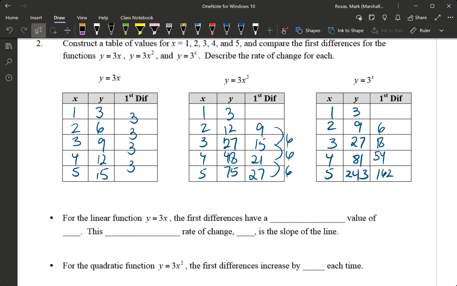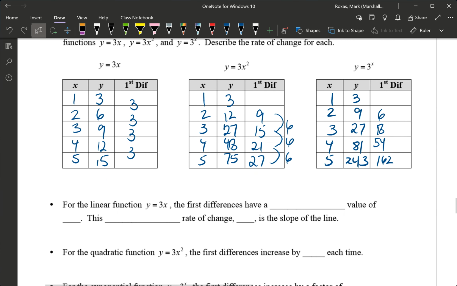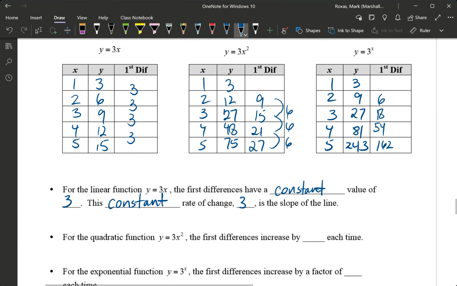For the linear function y equals 3x, the first differences have a constant value of 3. This constant rate of change, 3, is the slope of the line, something that hopefully we remember from grade 9.